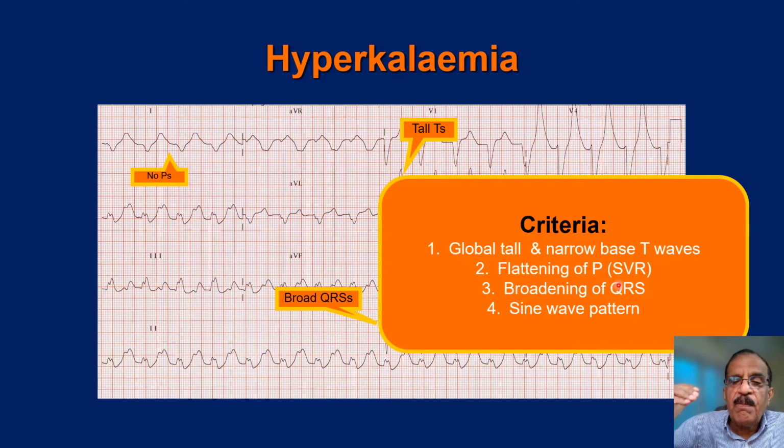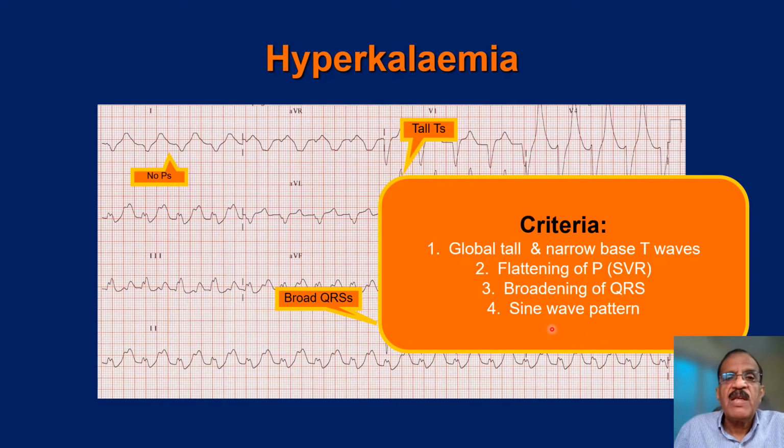As your potassium level rises, you have more and more changes, and finally, if potassium is 8.5 or above, which is actually very, very dangerous, then you may have a sine wave pattern. A sine wave pattern may lead to death because it is practically ventricular fibrillation and the patient may not have any circulation. So of course, we would like to take some action before this.